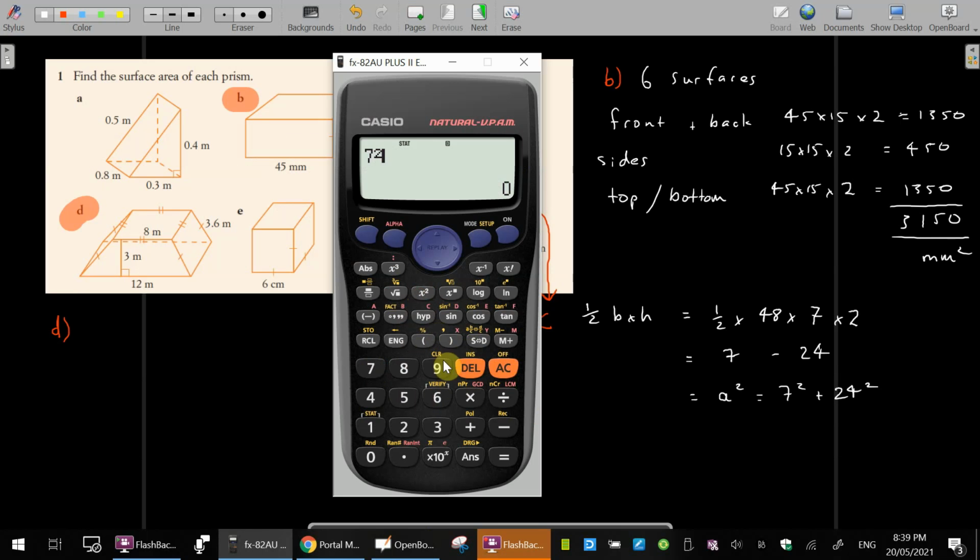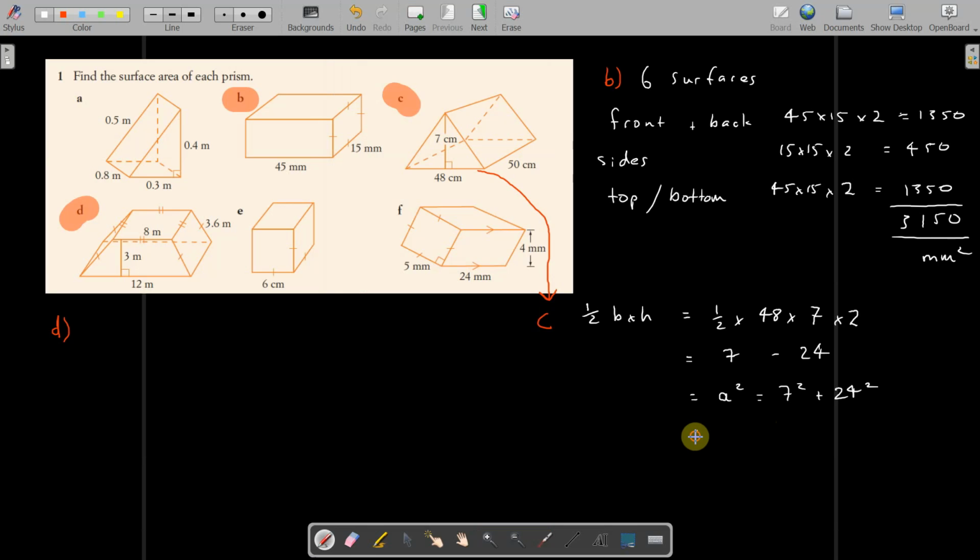Seven squared plus 24 squared equals, and then the last step is to do the square root of that. Oh, okay, that's easy, 25. So our unknown side is 25. I'll just write this up here too, with a little arrow. That's 25. Okay, so where were we? We need this one. All this in here is to work out the unknown side.